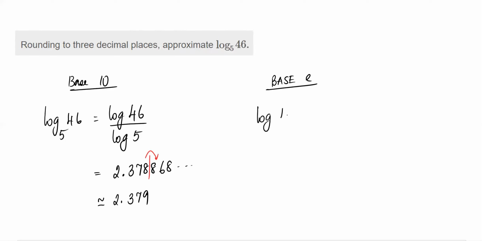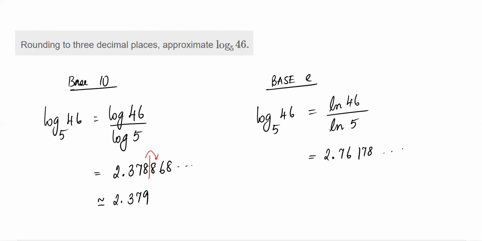And then let's do base e. Log 46 to the base 5 would become natural log 46 over natural log 5. So use the ln button. ln 46 over ln 4 on your calculator gives you 2.76178, so on.